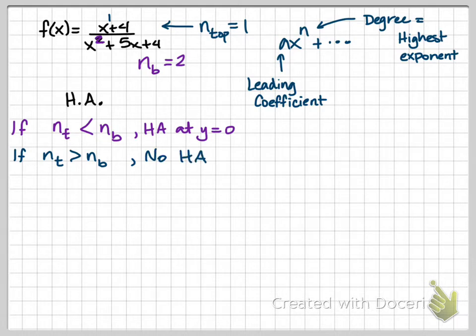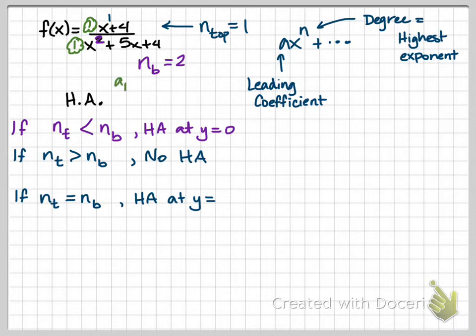If the two are equal, then it gets funky. If the degree of the top equals the degree of the bottom, there is a horizontal asymptote, and it's going to be at y equals a ratio. In this case, we're going to look at our leading coefficients. This is the leading coefficient of the top, and this is the leading coefficient of the bottom. It's whatever is out front of the x that has the highest exponent. In this case, they're both a 1, an understood 1 because nothing's there.